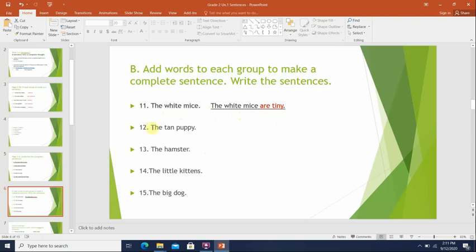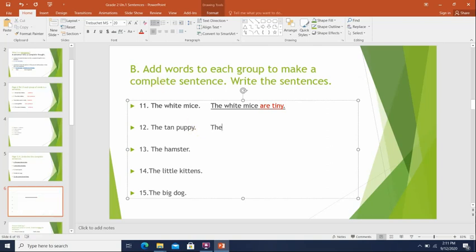Number 12, the tan puppy. We can write the tan puppy. What should we say about the tan puppy? Jumps out of the box.